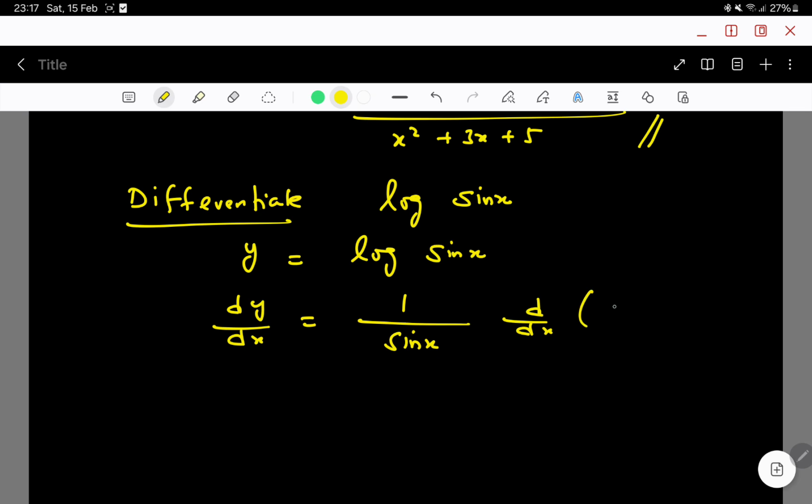So d by dx of sin x is cos x. Write cos x by sin x, and cos by sin x is cot x. That's it.